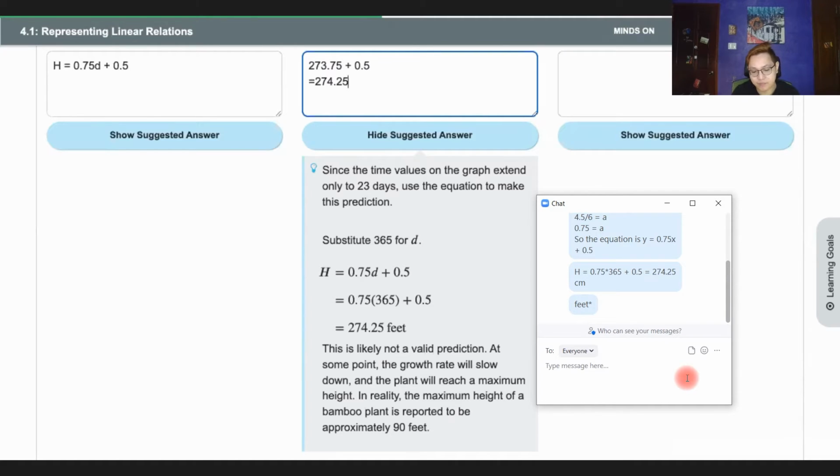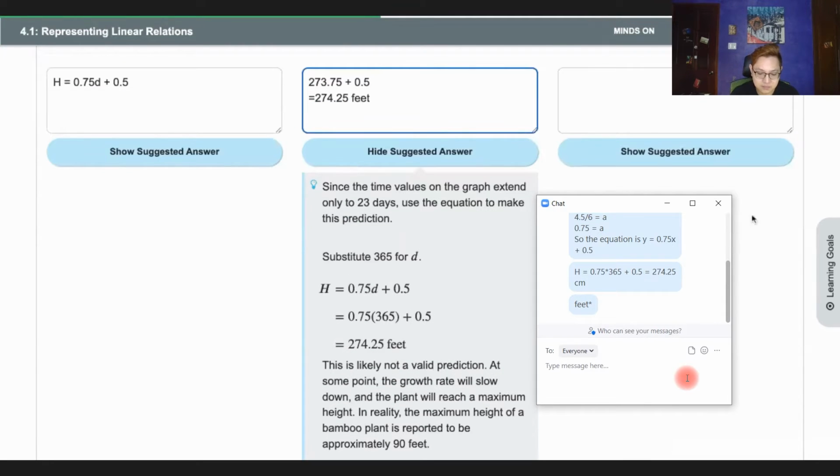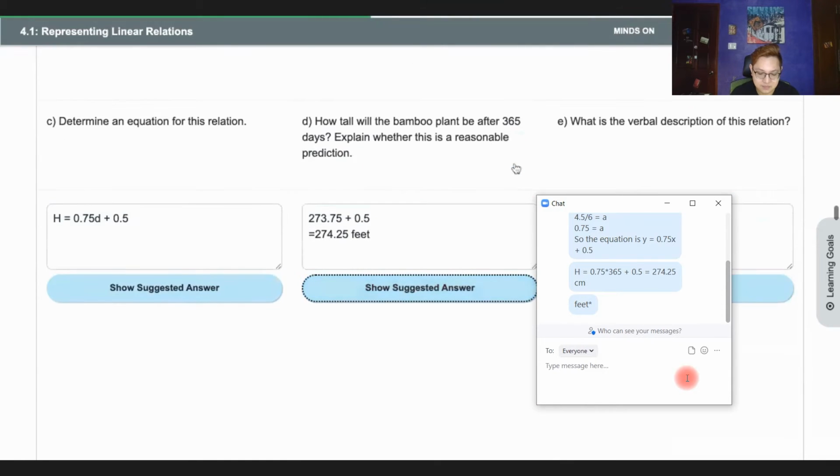This is likely not a valid prediction. At some point, the growth rate will slow down and the plant will reach a maximum height. In reality, the maximum height of a bamboo plant is reported to be approximately 90 feet. So it's not possible to grow that long.